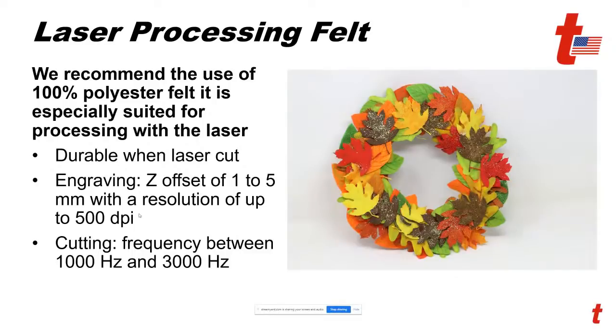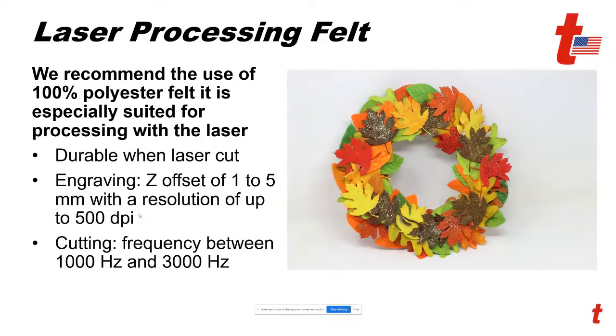The polyester felt is extremely durable because of that polymer effect again, so the edges are sealed and it's durable when laser cut. Same process as a lot of the other fabrics: engrave with an offset on the Z, with resolution as high as 500 or lower depending on the contrast. For cutting frequency, just like any other polyester, use 1,000 to 3,000 hertz.